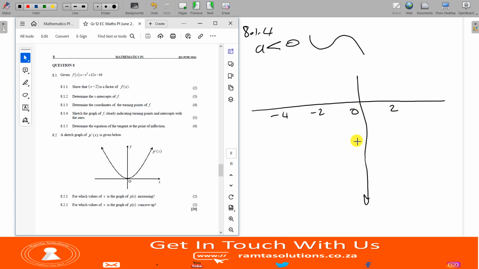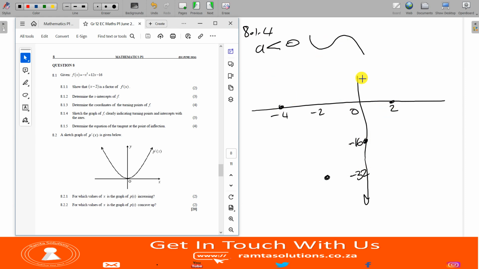Let's say we have minus 16, minus 32. The x-intercept was x equals negative 4. The turning point was minus 2 and negative 32. The y-intercept was negative 16. And then the turning point was 2 and 0.